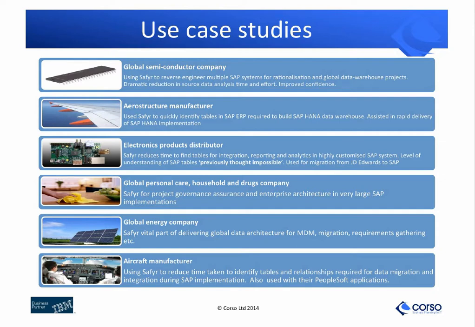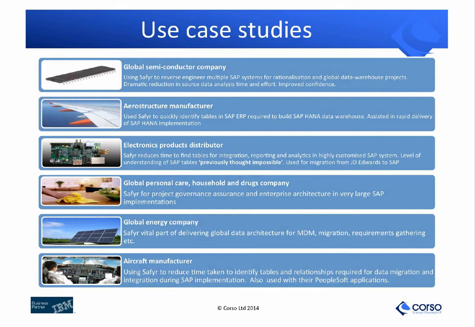So the one at the top is a global semiconductor company who used Sapphire to reverse engineer 30 odd of their SAP systems for application rationalization and a global data warehouse project.